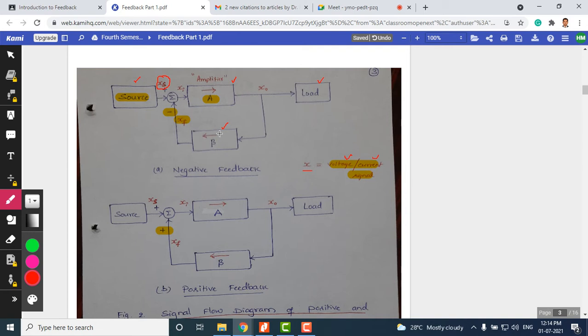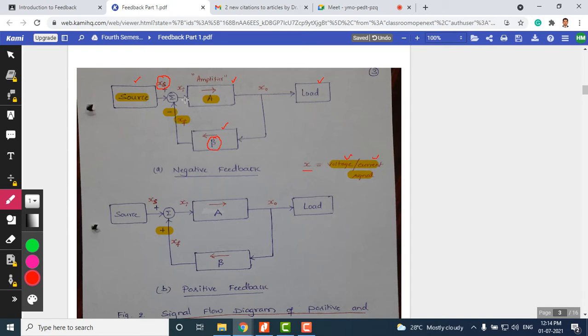What amount of feedback we need to provide back to the input is decided by this feedback network. The feedback network is generally a passive network. We have seen in the case of an oscillator, this is going to be a tank circuit. Okay, so the amount of feedback which is coming in as an input and going out to the mixer is decided by this feedback network.